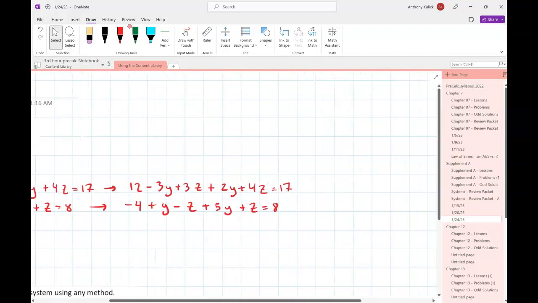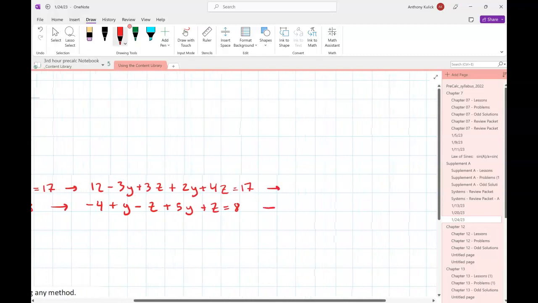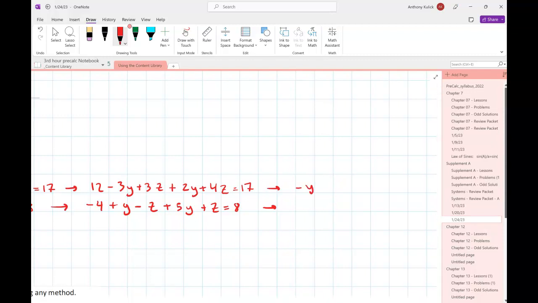And then we'll combine some like terms here. So I have negative 3y and 2y gives me negative y. 3z and 4z gives me 7z. And then I'm going to subtract that 12 over. And then I have y and 5y give me 6y. Negative z and positive z give me 0. And then I'm just going to add the 4 over.